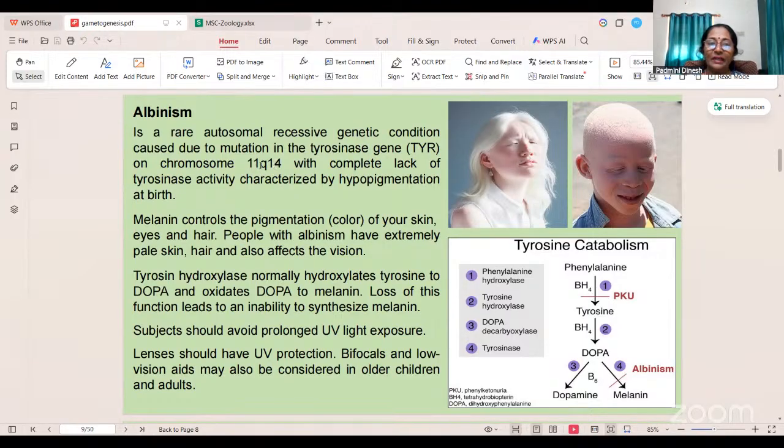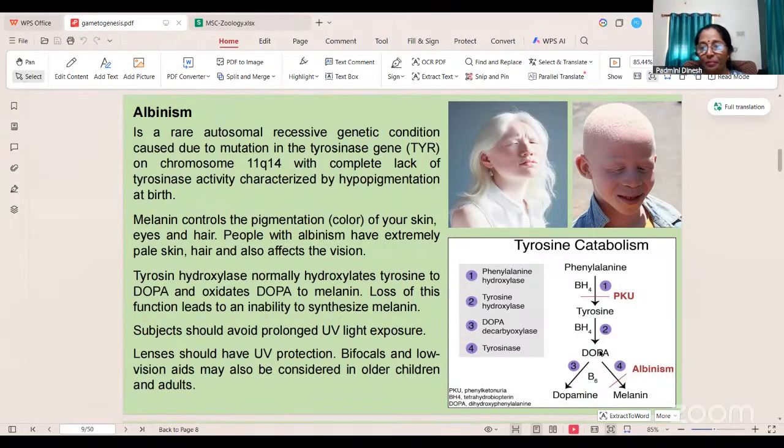Because there is a gene mutation in this particular band on chromosome 11q14, the tyrosinase gene leads to the enzyme not being produced. Now, this tyrosinase normally hydroxylates tyrosine to dihydroxyphenylalanine, and this DOPA can be further broken down to melanin.